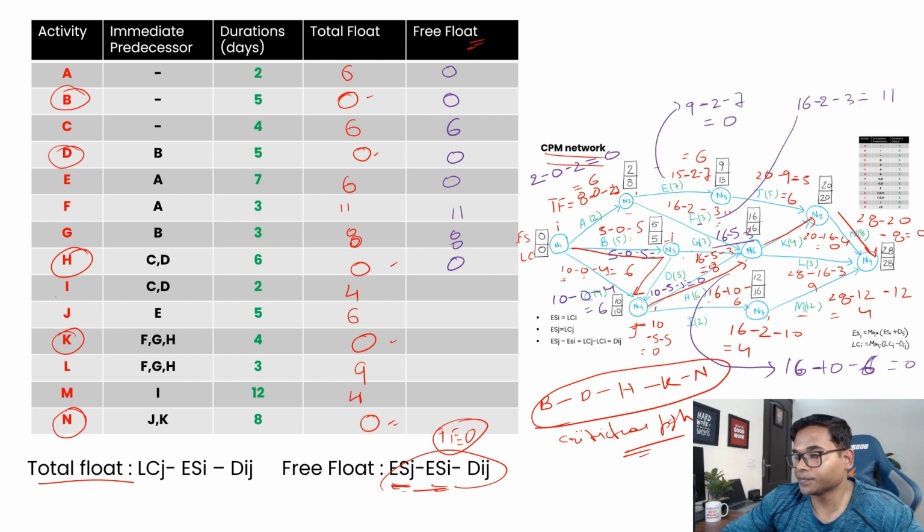Then I, where is I? Sorry, it's cluttered. It's here, right? For I, it's again 12 minus 10 minus 2, that is 0.